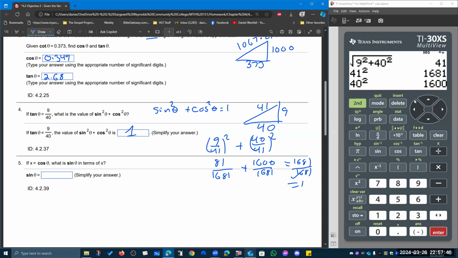And if x equals cosine theta, what is sine of theta in terms of x? It should be y.